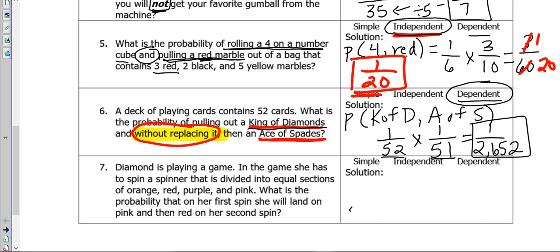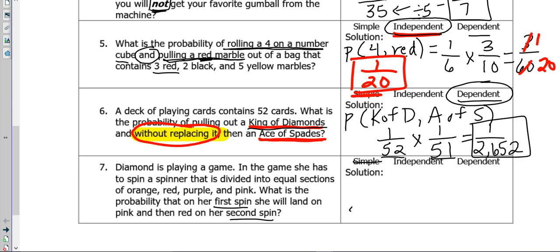All right, number 7, Diamond is playing a game. In the game, she has to spin a spinner that's divided into equal sections of orange, red, purple, and pink. What is the probability that on her first spin she will land on pink, and then red on her second spin? So again, we have 2 spins here, a first spin and a second spin. This is not a simple event, so it's either going to be independent or dependent.